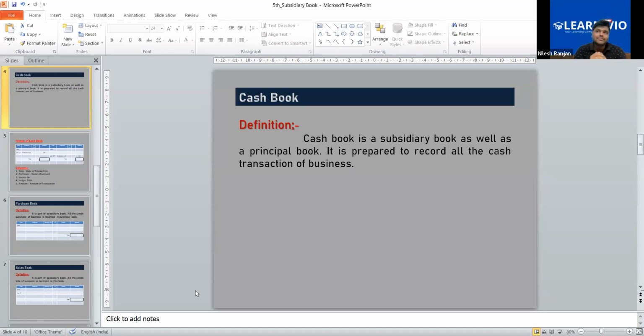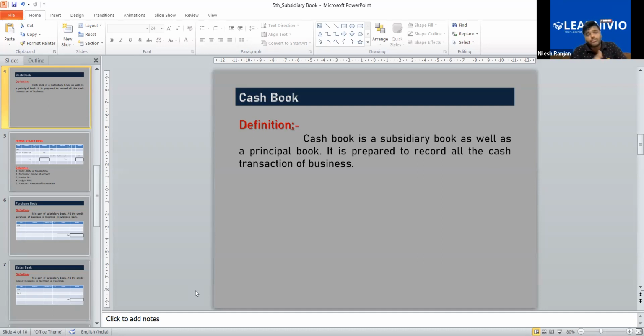Let's say there are 5 to 10 rupees transactions in a day, and the total number of transactions is 20. So 10 rupees transaction and total number of transactions is 20, so that is 200 rupees. It is also a minor amount, but when you count it in a month, it becomes 6,000.